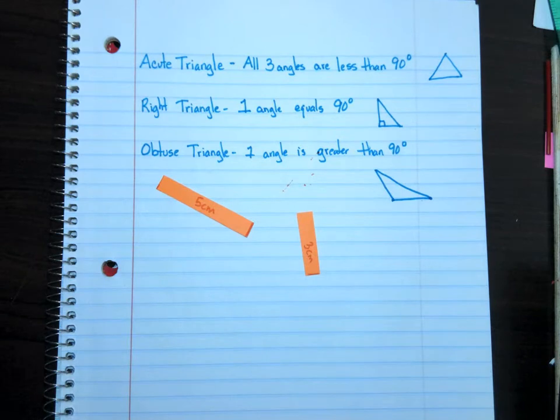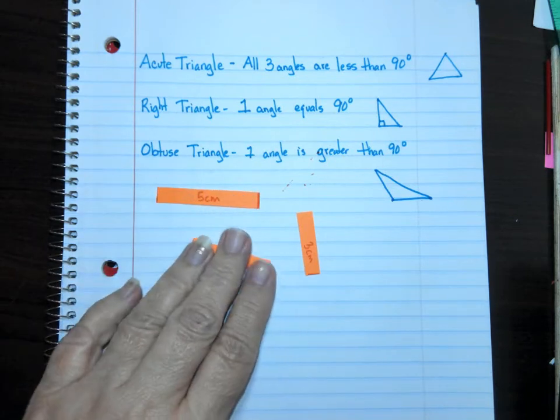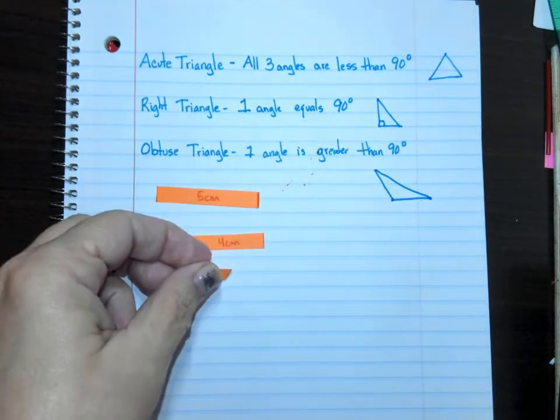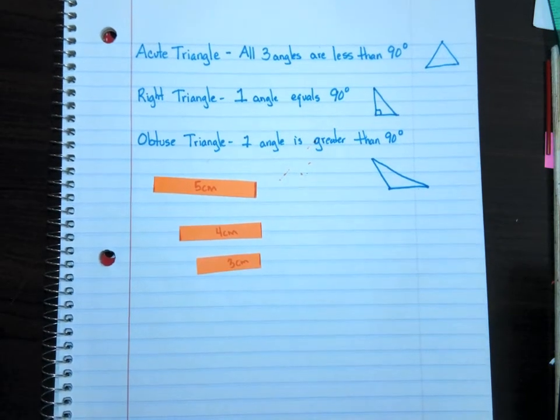So what we're going to be doing today is, you're going to have three measurements, right? And these three measurements represent the lengths of sides of a triangle, right? So if I had 3, 4, 5, we are answering two levels of questions.